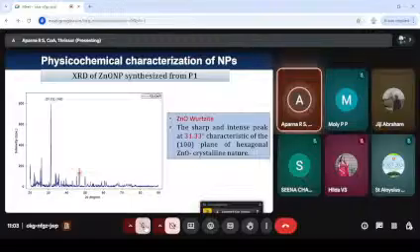These peaks might have come because of some other impurities. Since this is biological synthesis, these extra peaks might be due to some other biological impurities. But I have seen that for zinc oxide nanoparticle, this 31.33 degree with the 100 plane suggests the crystalline nature. This is a characteristic peak for zinc oxide nanoparticle.